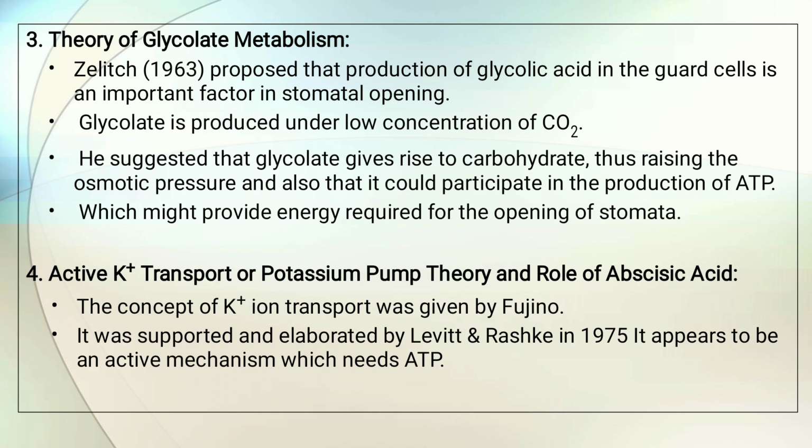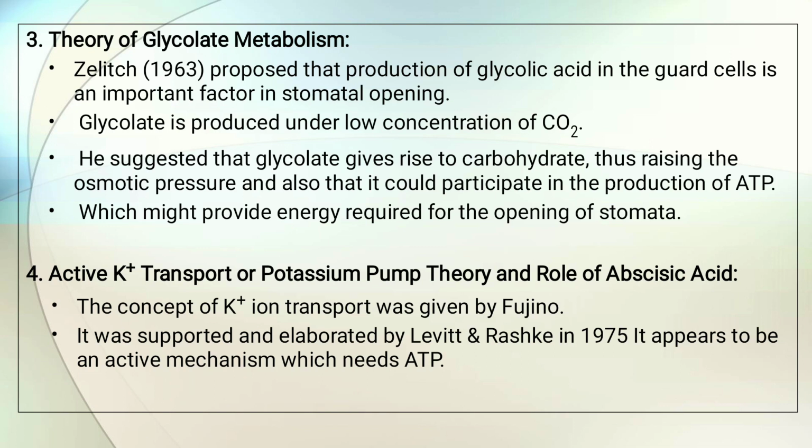The organic acid provides the hydrogen in exchange for potassium ions, and anions to balance the charges of potassium ions. The synthesis of malic acid in illuminated guard cells accompanies the influx of potassium ions.